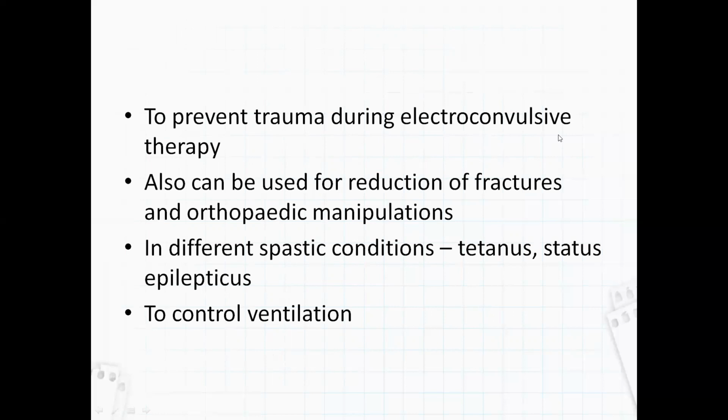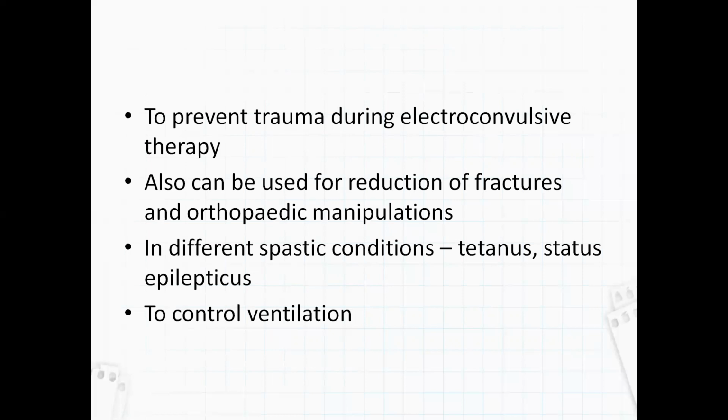Electroconvulsive therapy is the shock therapy you must have seen in movies, where patients are given shock for psychiatric treatment. During this process, to avoid any trauma, muscle relaxants can be given to the patient. And they can also be used for reduction of fractures and orthopedic manipulations.